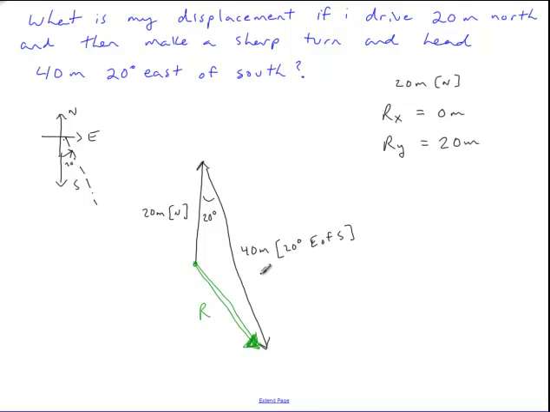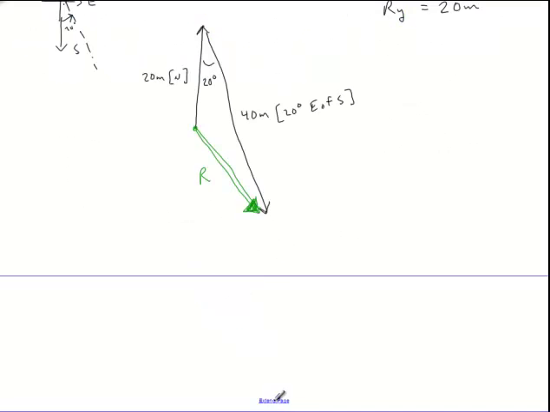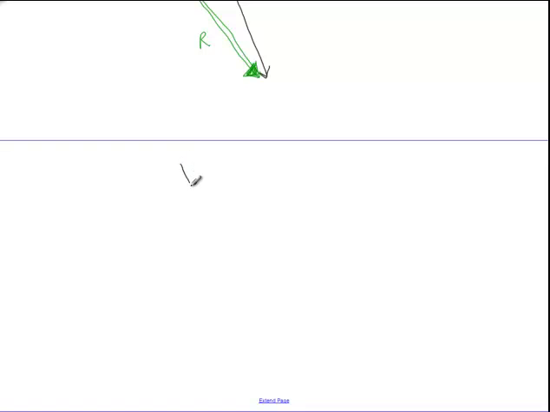Next one, we're going to break it into components. If you look at it, let me draw it for you again on its own. It looks like this. It goes down. This angle right here is 20 degrees. We want to get an x component and a y component.